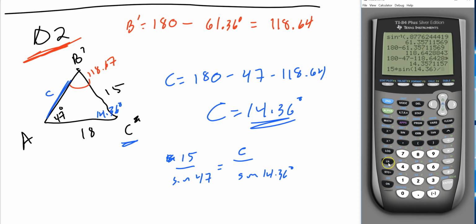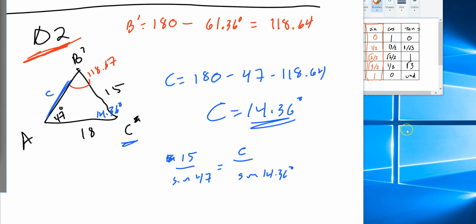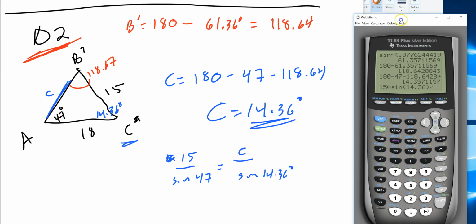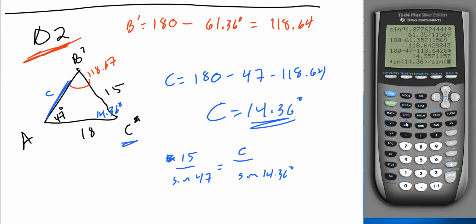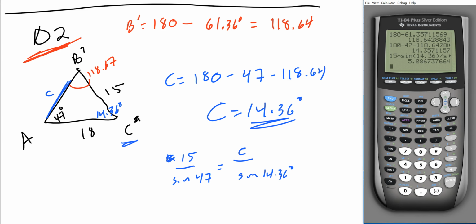Divide that by sine of 47. Yeah, I hate when that happens. Sine of 47. And I get about 5.09. And that's triangle 2 solved. You got everything for triangle 2.